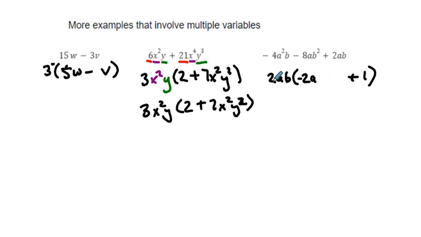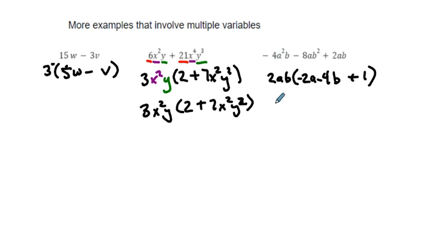All right, what do I multiply by 2 to get to negative 8? Well, that would be negative 4. We've got the a taken care of, there's one here and one there. We've got one b, and then we've got 2 over here, so I need one more b. So here we go.